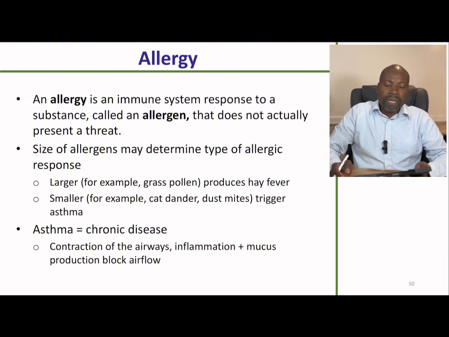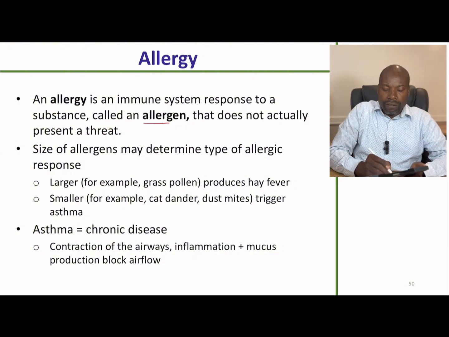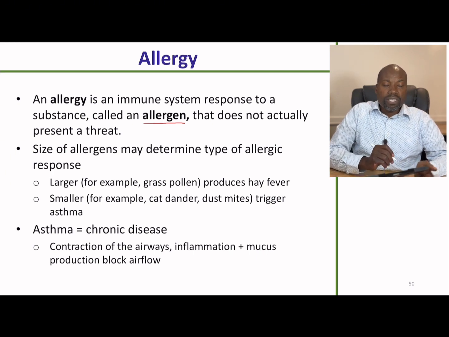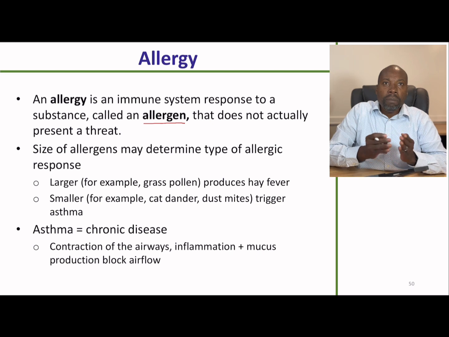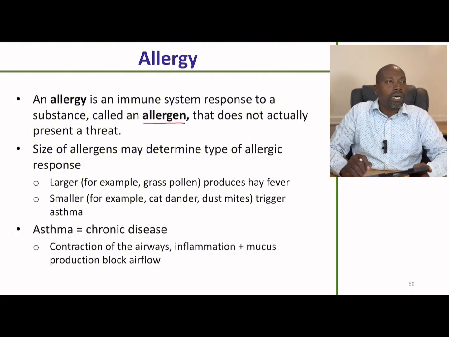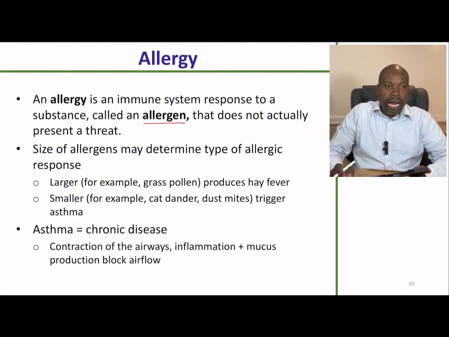They are typically called allergens. So, allergens are going to be the small particles that can come into our system and cause a reaction that we typically call an allergic reaction. Now, allergens are going to be classified based on their size.